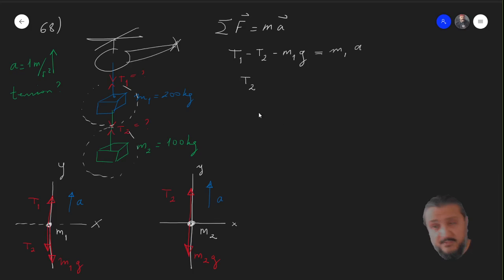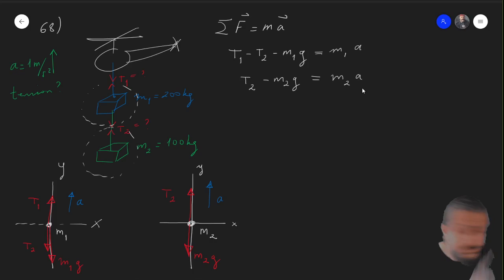M2G, the weight, is pointing down, so it's negative. We have only two forces along the y direction, and that's equal to M2 times A. Alright? So what do I do now? I just solve for T2 and T1. You can start with the second equation.